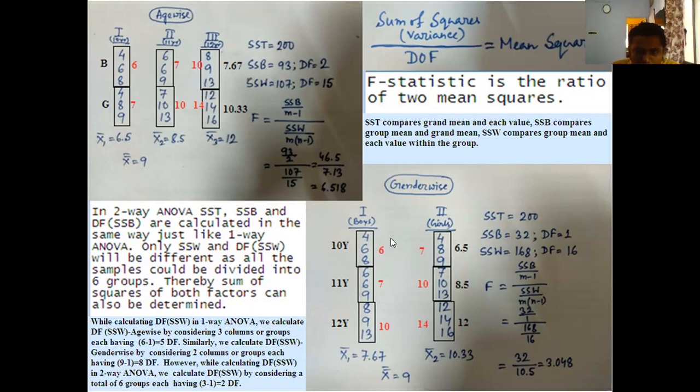So whenever you are conducting two-way ANOVA, the sum of square within will be different, because instead of any one type of group mean, you are considering both the group means, both the factor means. Both the factors you are considering, not only one factor.